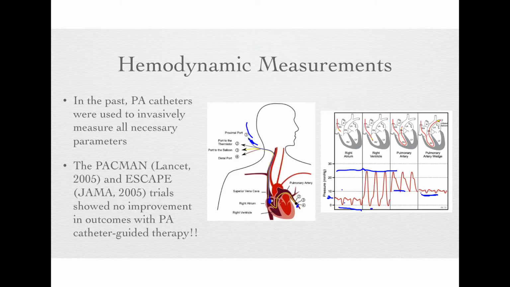And the principle is that the higher the cardiac output, the more dilute the cold saline will get. It'll get diluted out with warm blood, and so there'll be less of a change in temperature when measured at the distal port. Whereas if the cardiac output is very low, there'll be less dilution going on, and then the temperature measured at the tip here will drop more significantly.